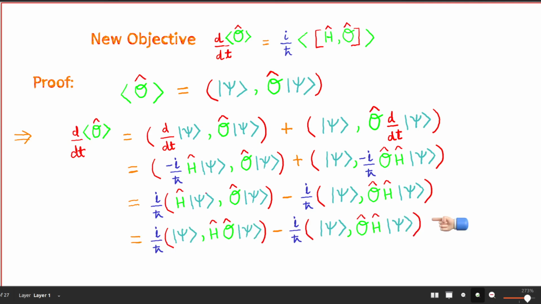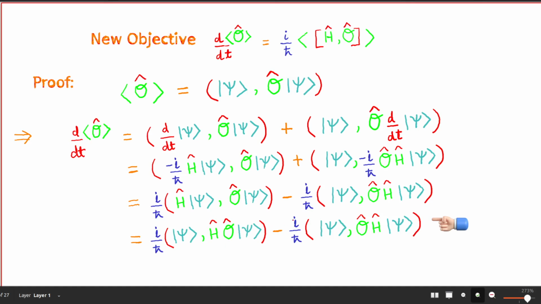Now we make use of the fact that the Hamiltonian is a Hermitian operator. So inside the inner product, it can be moved from acting on the state on the left to the state on the right.